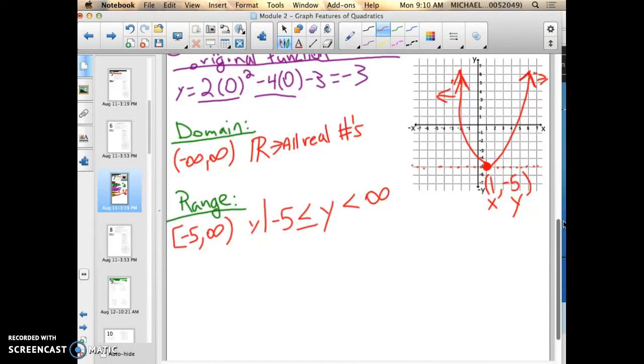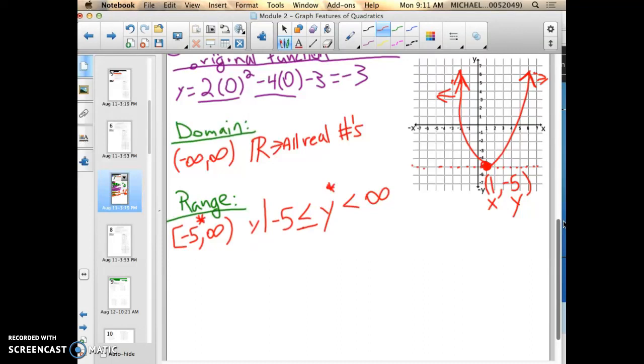This is called inequality notation right here, and this is called interval notation. You'll be able to recognize that no matter what notation you're given. So it makes sense. In this, all y's are from -5 to infinity, and over here, y is greater than or equal to -5, and it's equal to because this dot is closed, and it's less than infinity.